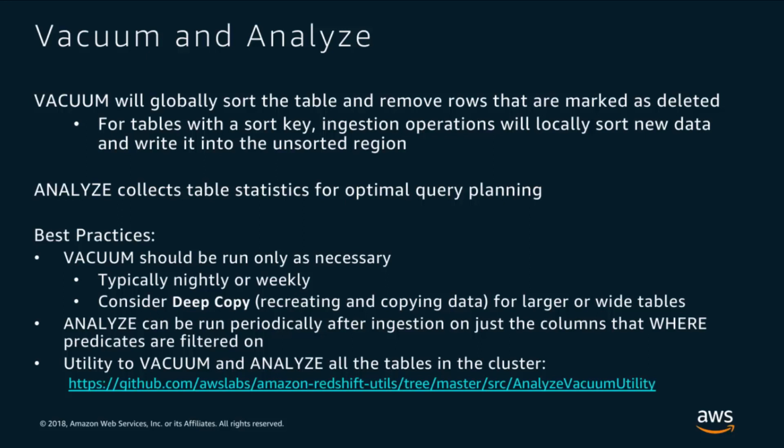So vacuum does both the removing of the deleted data and the global sort step. Most customers schedule this to run once a night, once a week, somewhere around in there, depending on how much deleted data you have and how often you're deleting data.